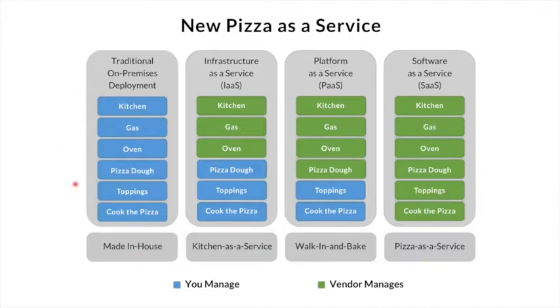With an on-premise deployment, everything that goes towards that final finished product is located on-premise. As you move through infrastructure as a service, platform as a service, and software as a service, more and more of these elements of the production process get moved from your purview over to the vendor purview.